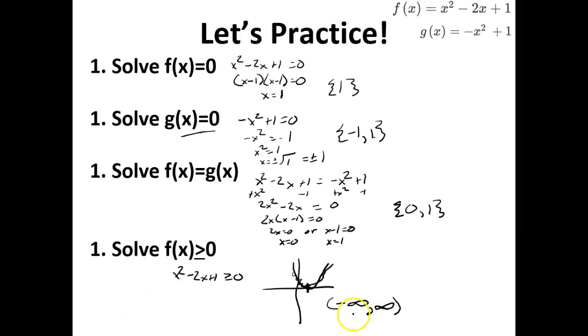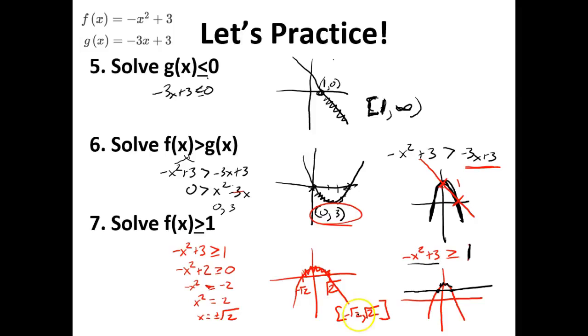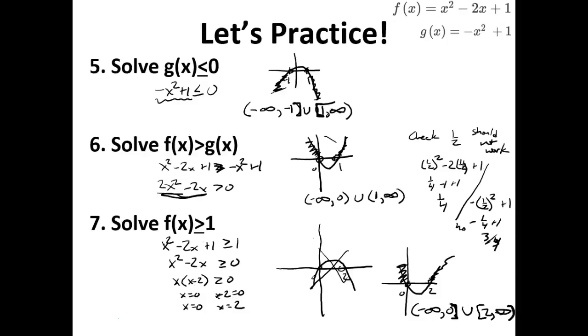Here, no, because we have infinities. Here, no, no, no. So this one right here was the only one I messed up. So this would be the solution for this one down here.